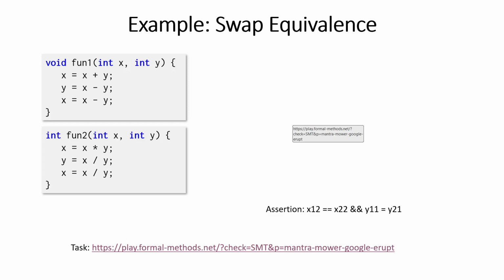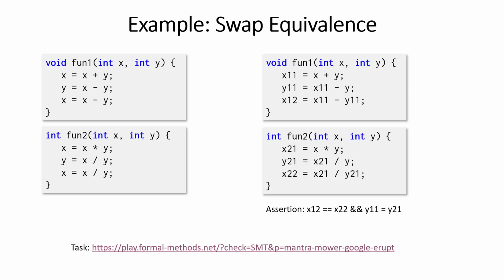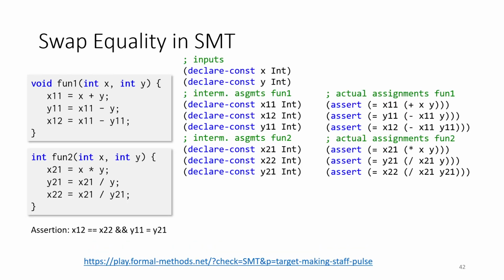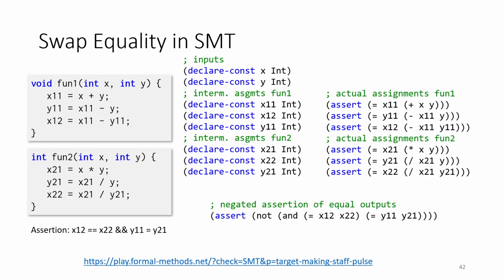The program terminates, and then, of course, everything is lost. But yeah, so these two programs are not equivalent. So the swap with the plus and minus for integers works, but with the times and the division, it doesn't work. Okay, yeah, here this would be the SMT code with slightly different variable names, but yeah.